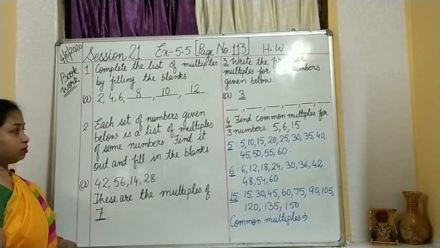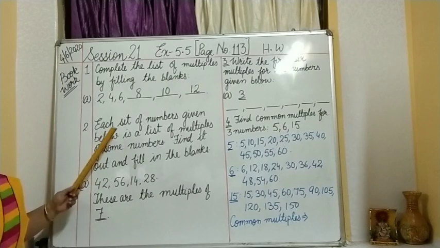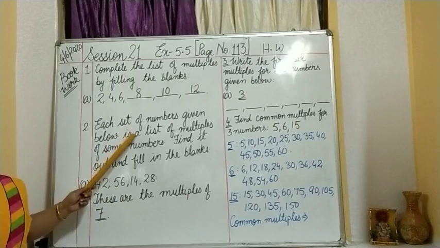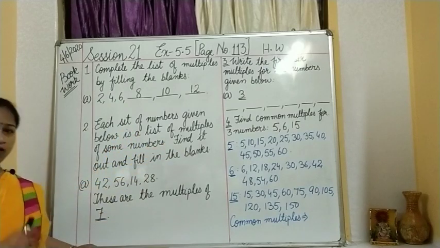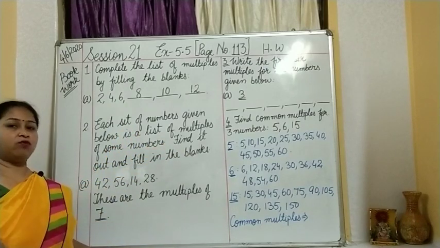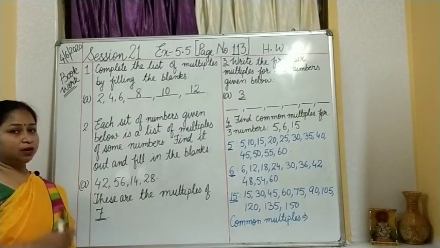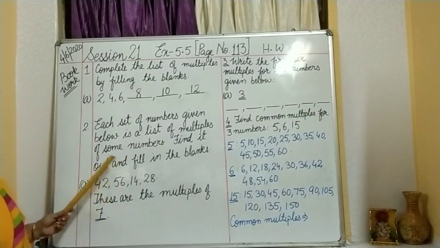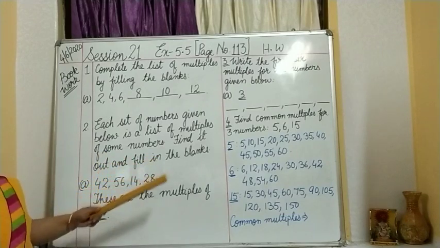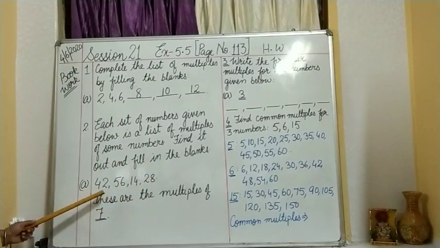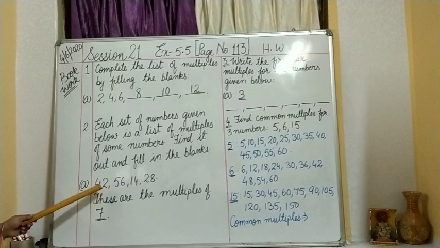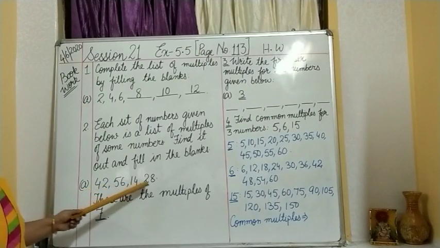Next question. Each set of numbers given below is a list of multiples. You have to identify the number of which the multiples are given to you, find it out and fill in the blank. As you can see, the numbers given here are 42, 56, 14, 28.